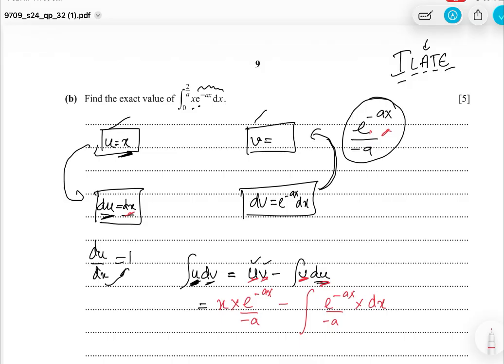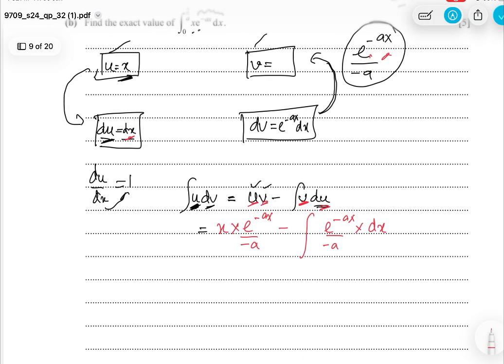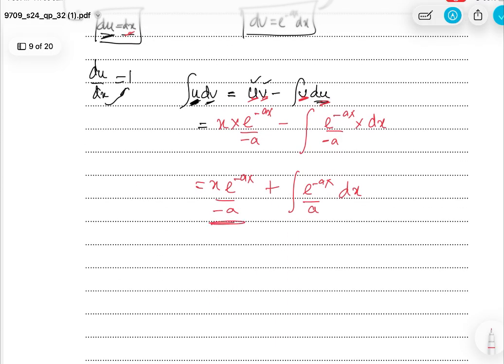Now let us proceed further. This would give us x e to the power minus ax upon negative a plus, see this minus will come out, it will become plus e to the power minus ax upon a dx. No need to do anything over here, just integrate this one with respect to x.